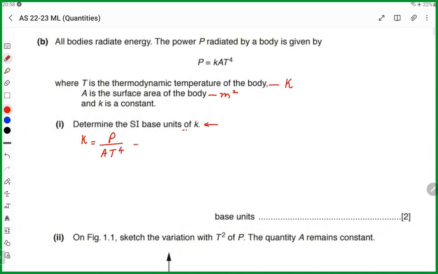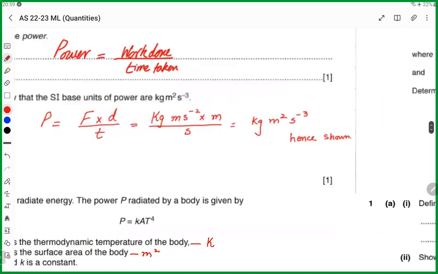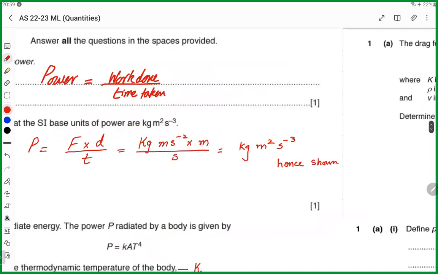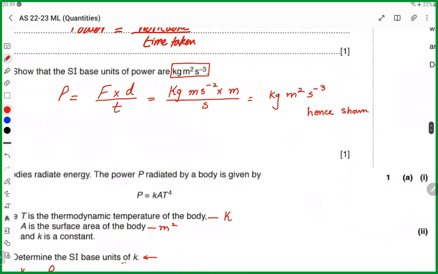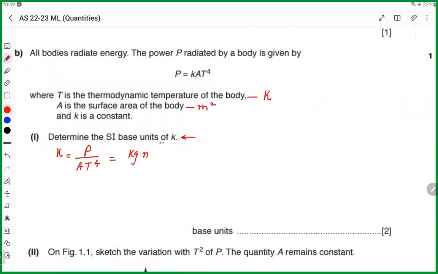Even if you got the previous one wrong and you don't know how to find the unit for power, you should know that he has already given you the unit for power. So it is kg meter square per second cube, divided by area, which is meter square, and temperature, which is Kelvin. Temperature power 4 means Kelvin power 4.